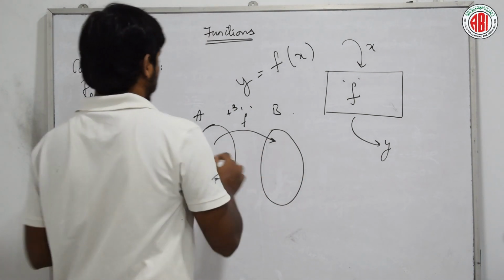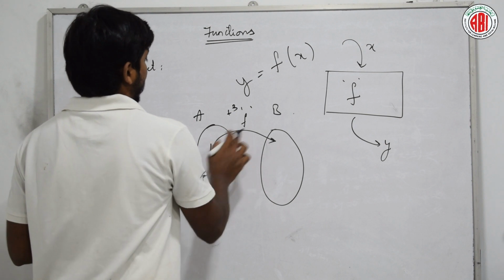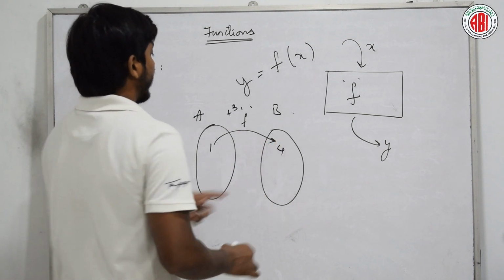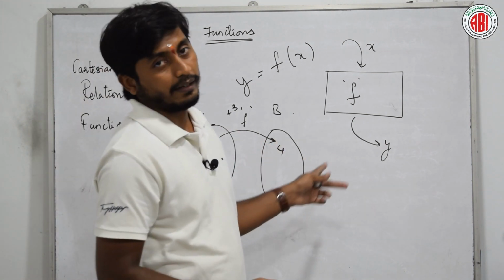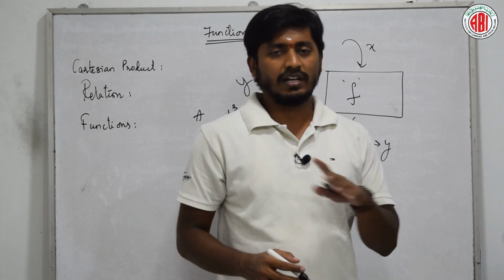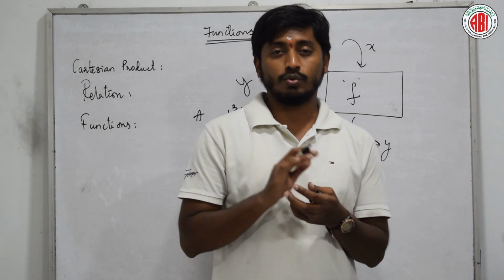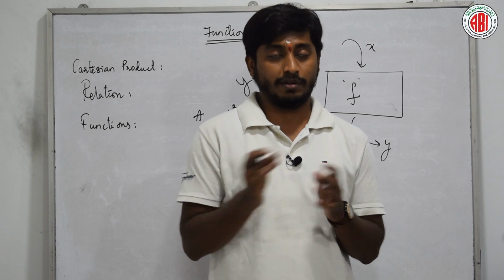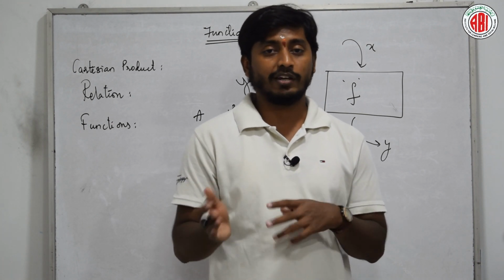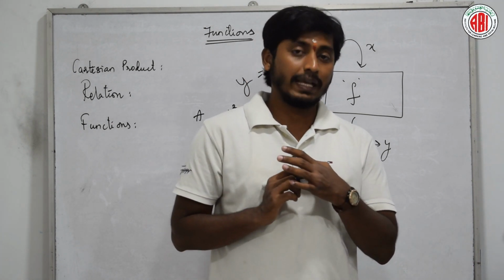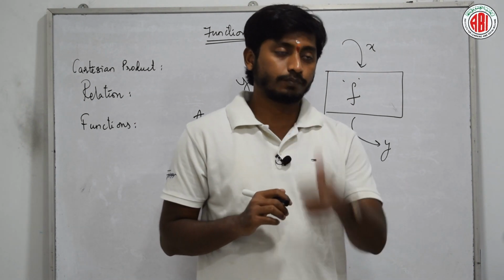For example, if there is an element 1, then what is the relation? If I add 3, I will get the element of this set. We learned those kinds of relations: 1 to 1, 1 to many, many to 1 or many to many. Clear? Good.